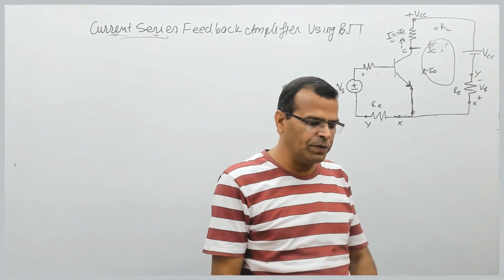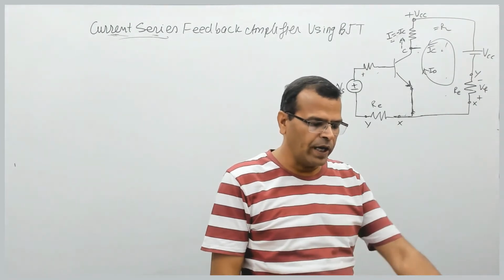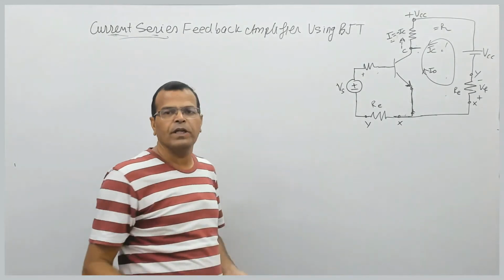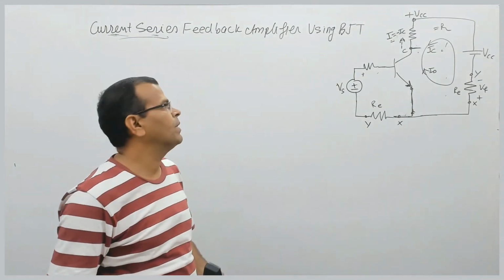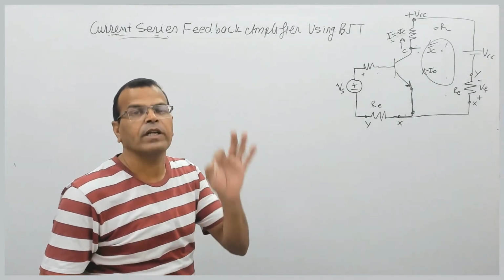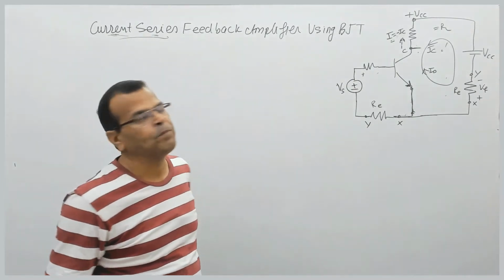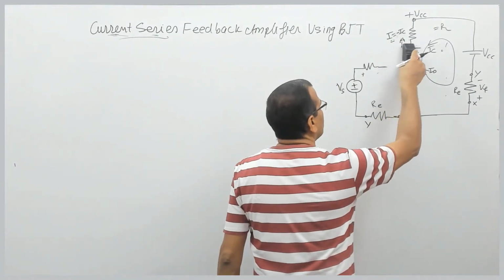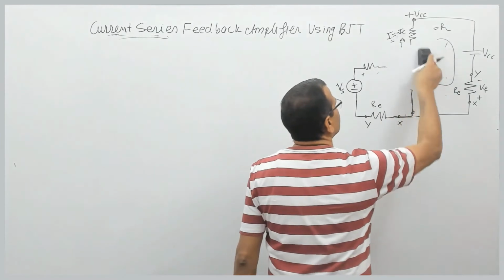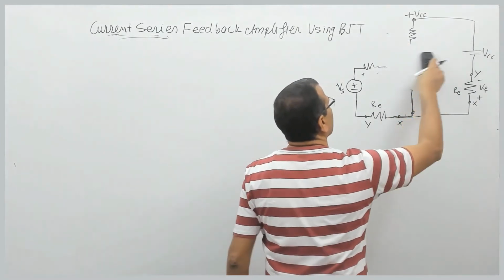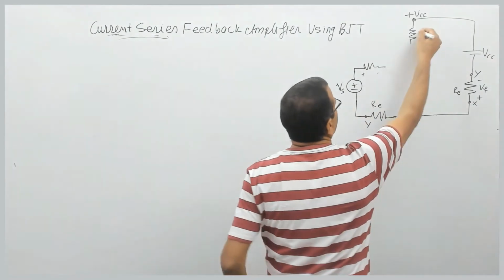You can replace the BJT by any of its models. In my case, I will replace it by the approximate H parameter model, but it can be replaced by any of them.